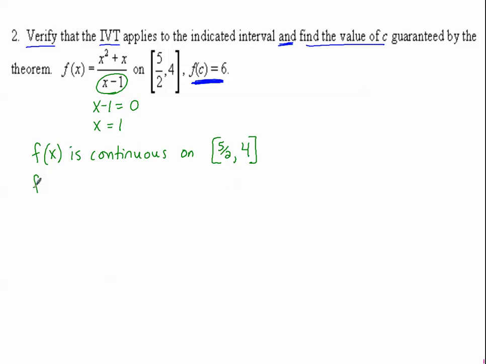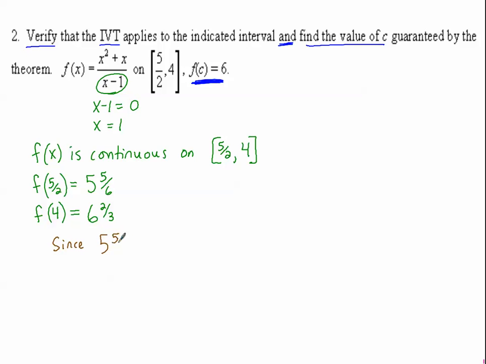Next, we're going to look at what happens when we plug in 5/2 into our function. We get 5 and 5/6. Then we're going to look at what happens when we plug the other end of our interval into our function. So f of 4 equals 6 and 2/3. So I notice that these values land on either side of 6. Therefore, I know the function must hit 6 somewhere along the way. So here's how we state that.